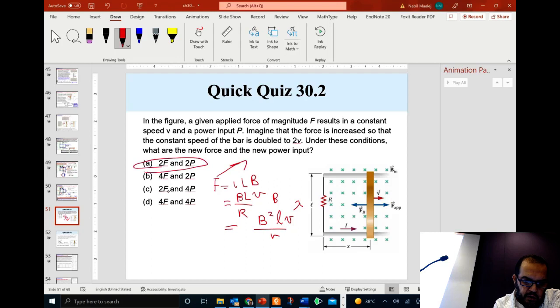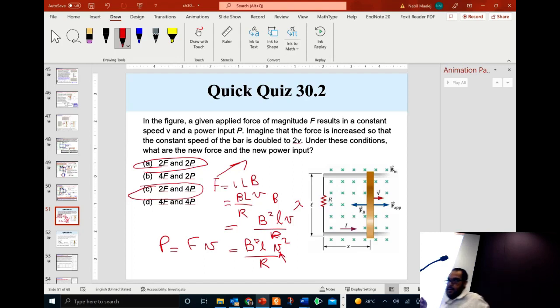So this or this. Now let's look at the power. The power P applied is F times V. So it's going to be B squared L V squared divided by R here. So if we double V, we quadruple P.